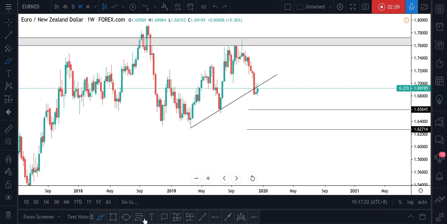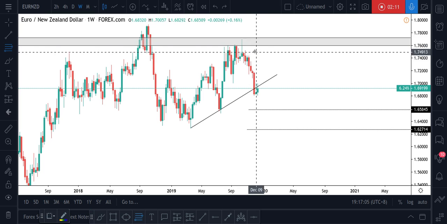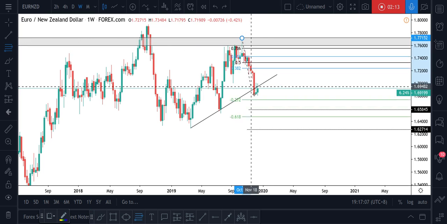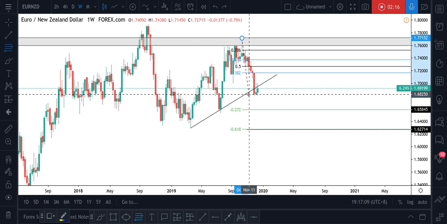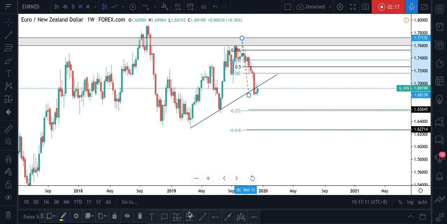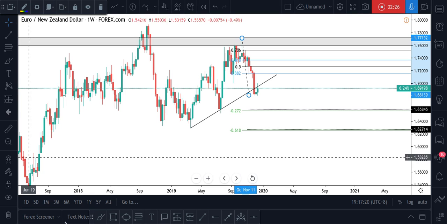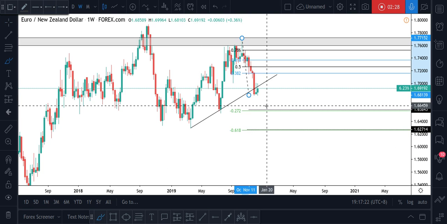I've taken my Fibonacci from the high to the low of this impulse, and basically you can see that's where I get my targets from. My targets are around this area around here. Let me just get this for you. So my targets are on the Fibonacci levels over here, around these two levels.